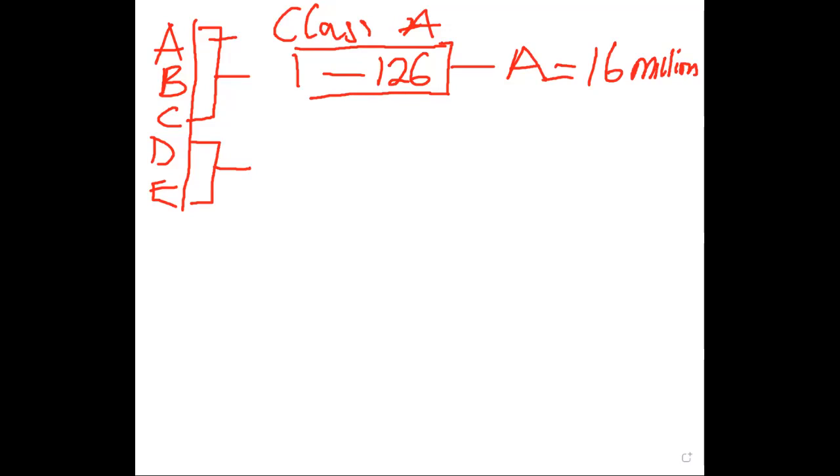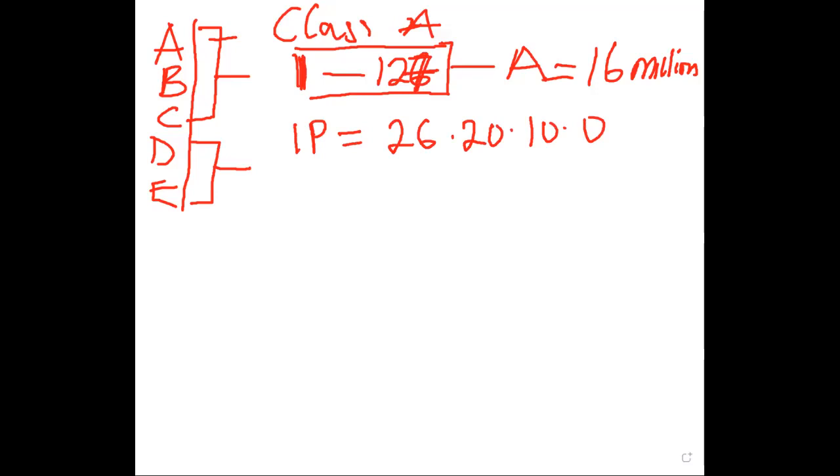A class A network number's values, as we already mentioned, are between 1 to 126 or 127. I just wrote 126 because I was always considering the last IP address for the network. So it ranges between 1 to 127. For example, we could have an IP address of say 26.20.10.0.